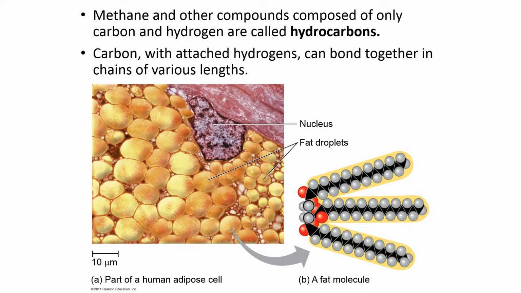Now, when you're talking about organic molecules like methane, and these particular compounds, if you look at methane, you'll notice that this carbon atom is bound to four hydrogen atoms.